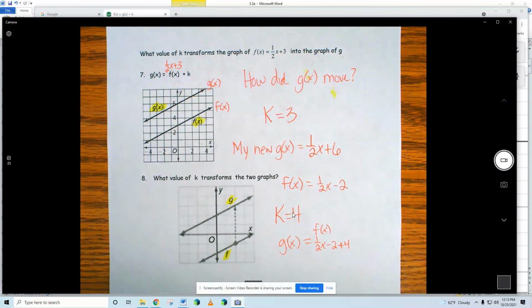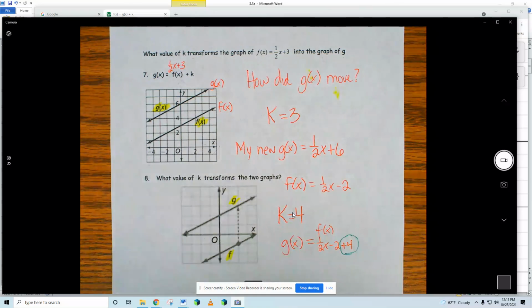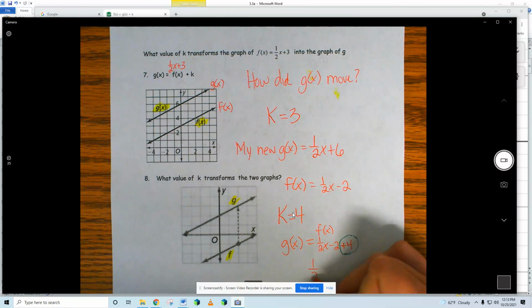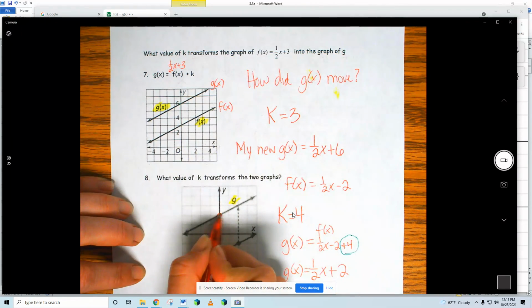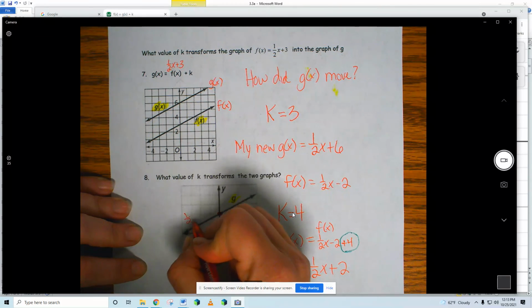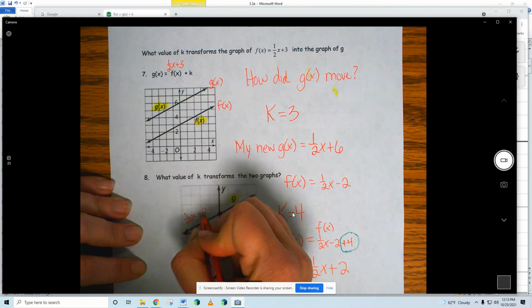So this right here that I added tells me that I'm adding 4. And then you guys know that this is then 1/2 x plus 2. Here's my 2. One half x plus 2.